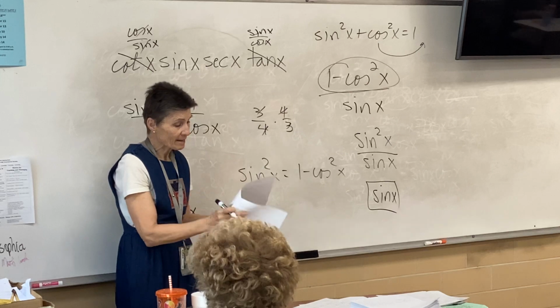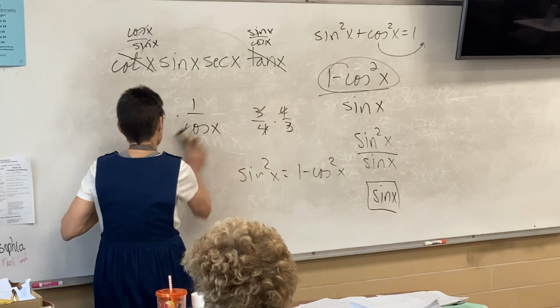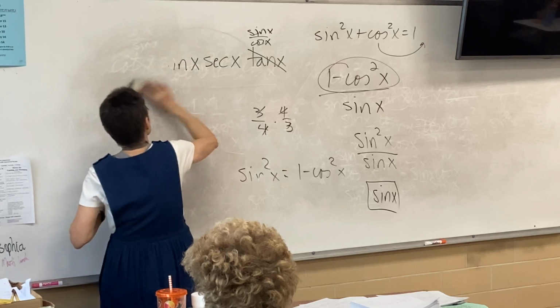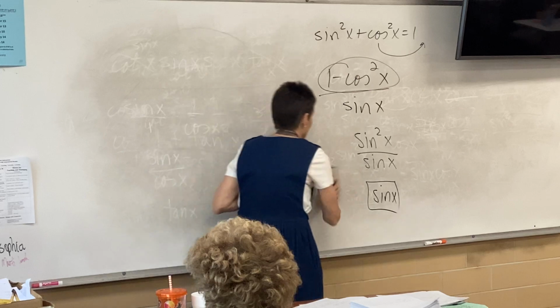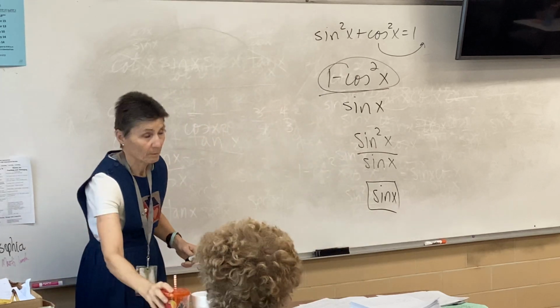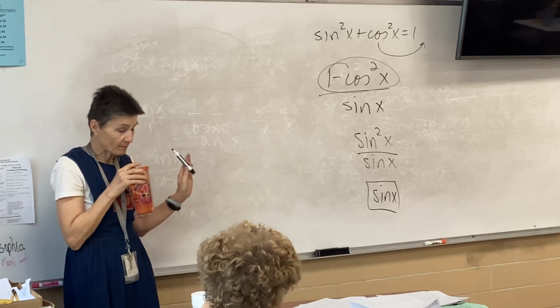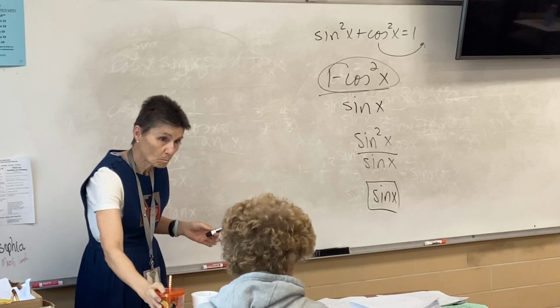All right, on the back side of that is another practice quiz. So let's take a look at it. Does anybody have a thought on the first problem when you look at it? And again, if you don't like the thetas, make them x's. 1 plus tan squared equals.